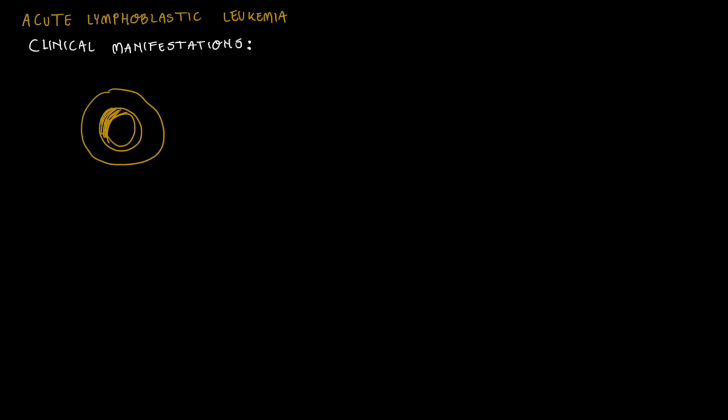Okay, so how are we going to see it in our patient? Besides the age, we can suspect it in children and also in elderly people, but other groups of adults are not excluded. We're going to have a high production of lymphoblasts.